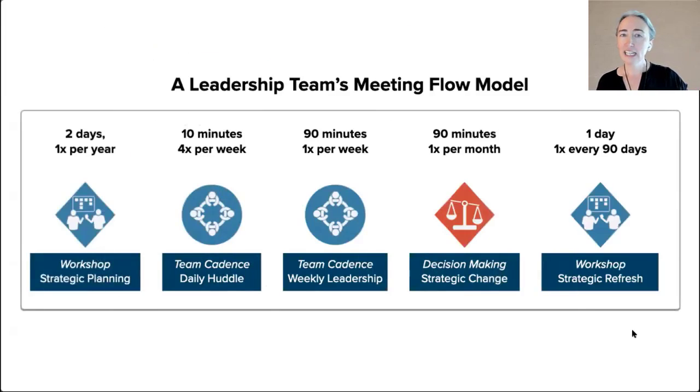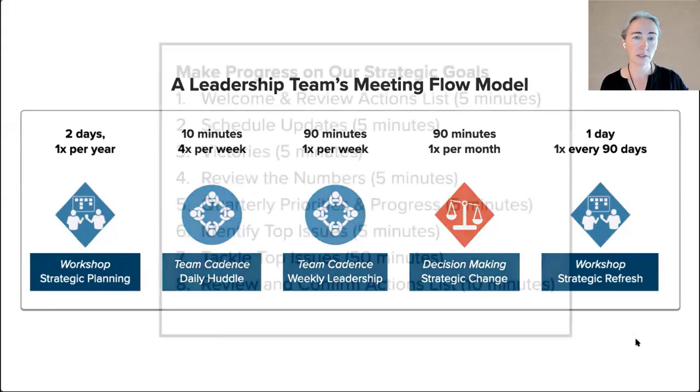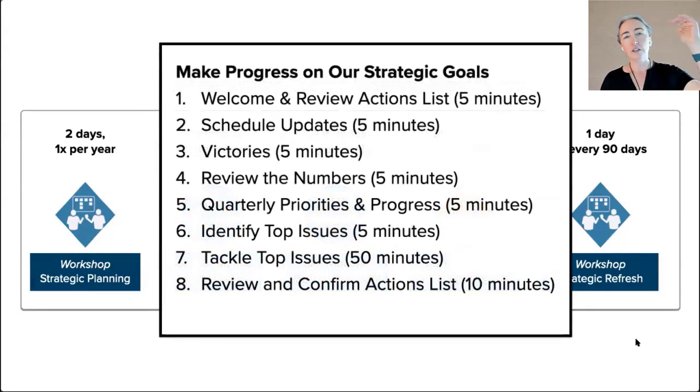So looking at an example for that, back on our leadership team meeting flow model, the key meeting in this whole process is that weekly meeting that the team comes together and they make sure that they're making progress on their goals and they solve problems. And to do that, this make progress on our strategic goals meeting, they have a number of items that they run through fairly quickly.